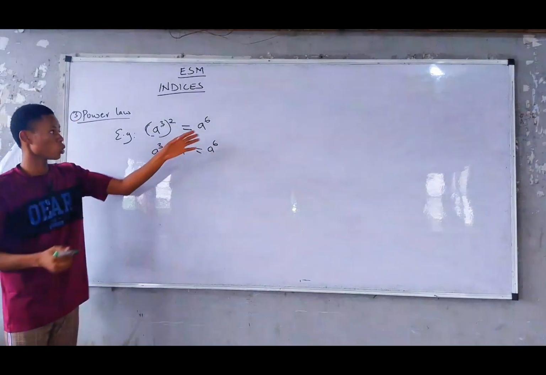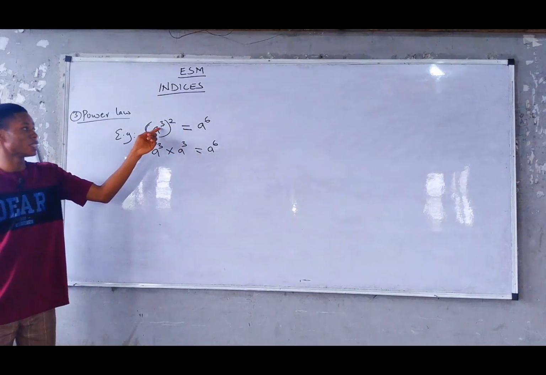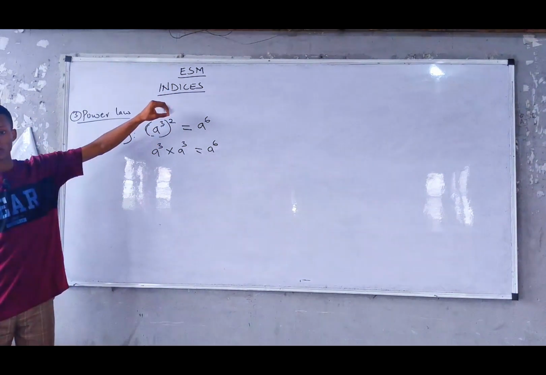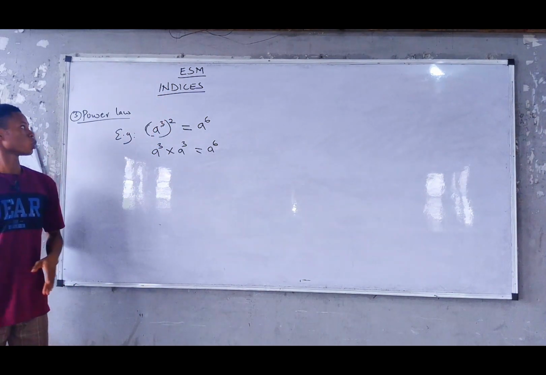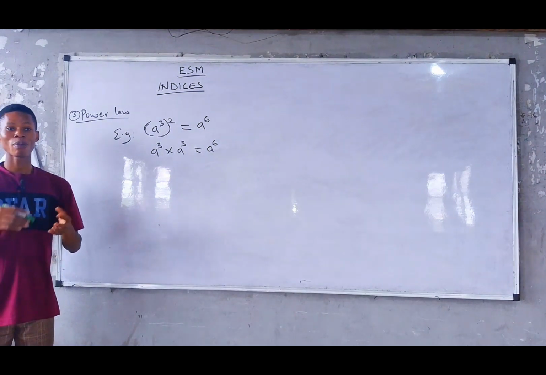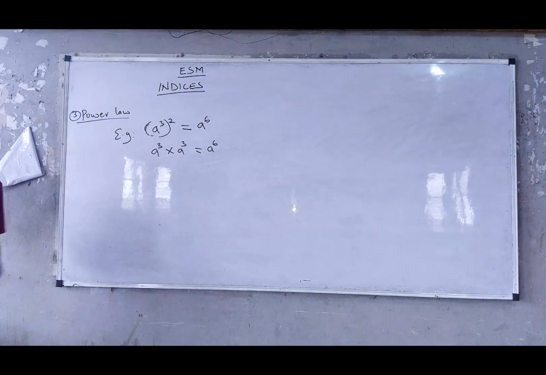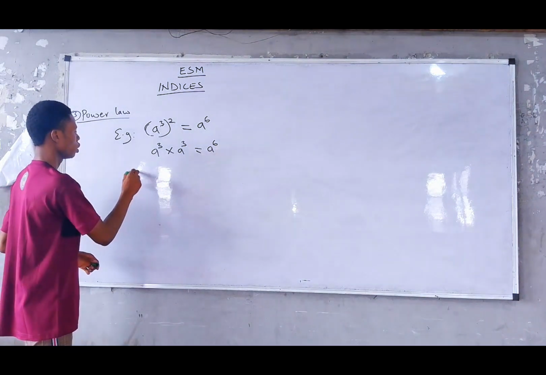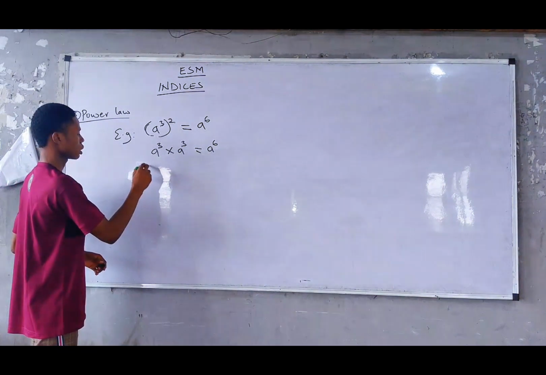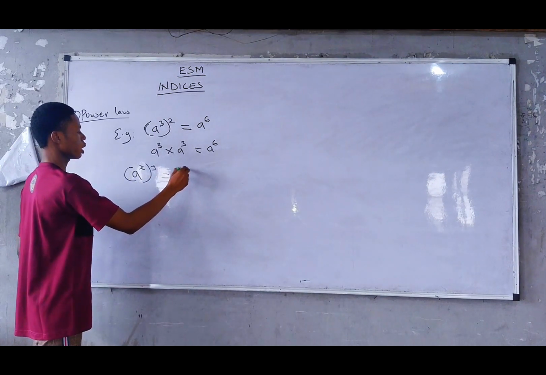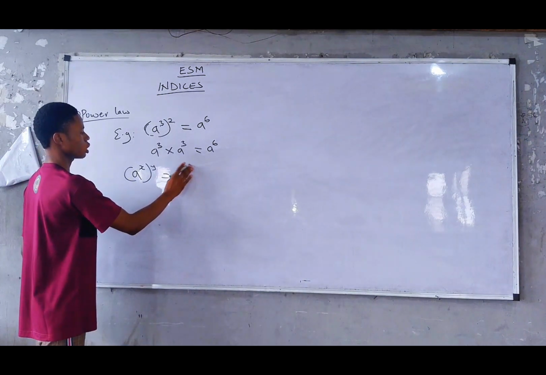So anytime you have something like this, power of powers, you multiply, and you get your answer. We'll apply every bit of this law when we start solving. So generally, we can say a raised to power x raised to power y equals a raised to power x times y, or you just say xy.